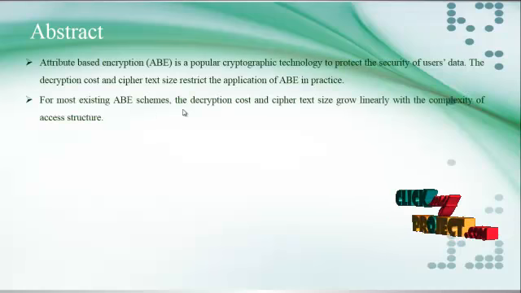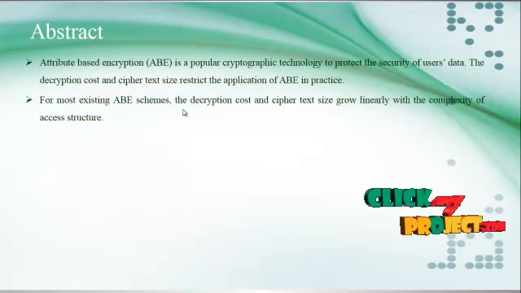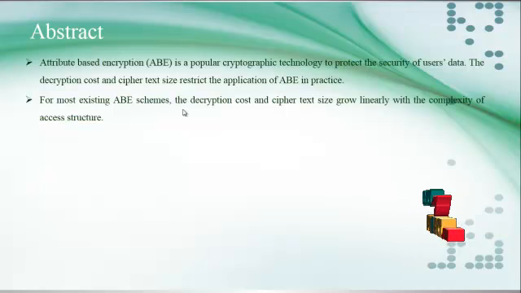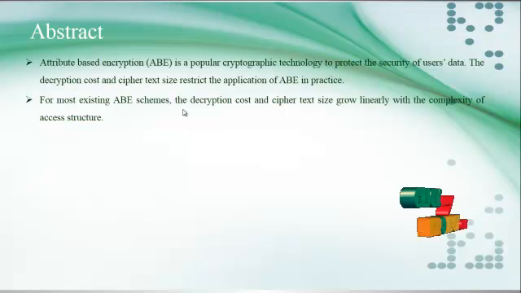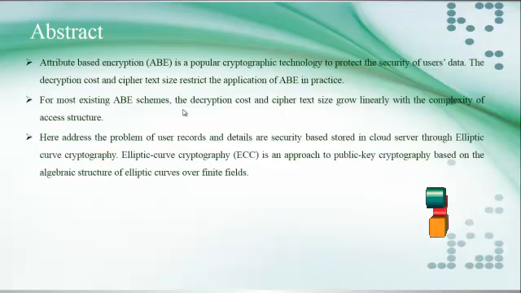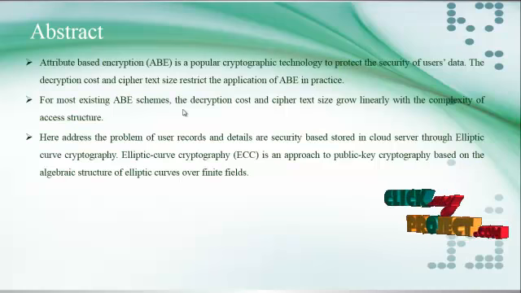For most existing attribute-based encryption schemes, the decryption cost and ciphertext size grow linearly with the complexity of the access structure. So here we are addressing the problems of user records and the security details stored in the cloud server through elliptic curve cryptography. Elliptic curve cryptography (ECC) is an approach to public key cryptography based on the algebraic structure of elliptic curves over finite fields.